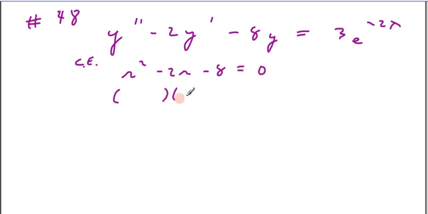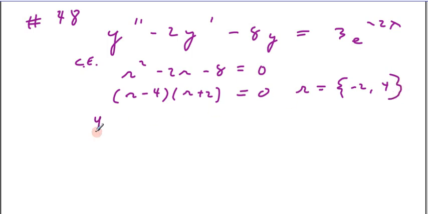We can factor that: r minus 4, r plus 2 is equal to 0. R has solution set minus 2, 4. y1 is going to be e to the minus 2x, and y2 is going to be e to the 4x.